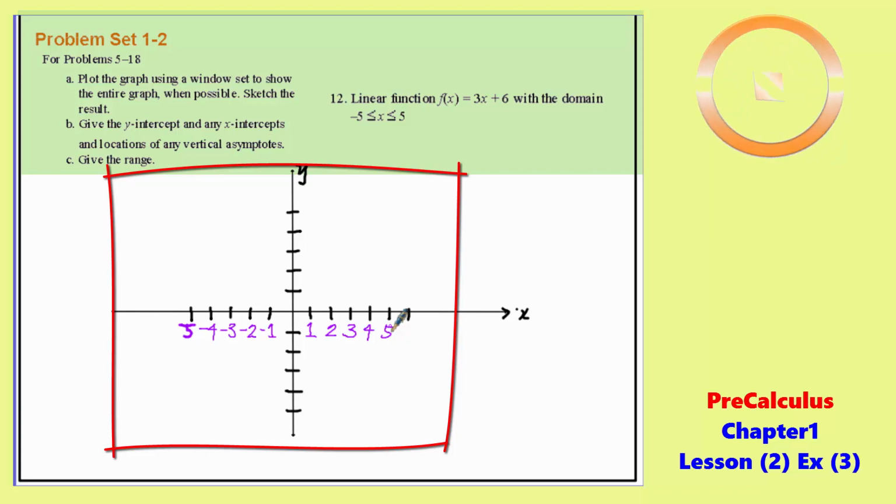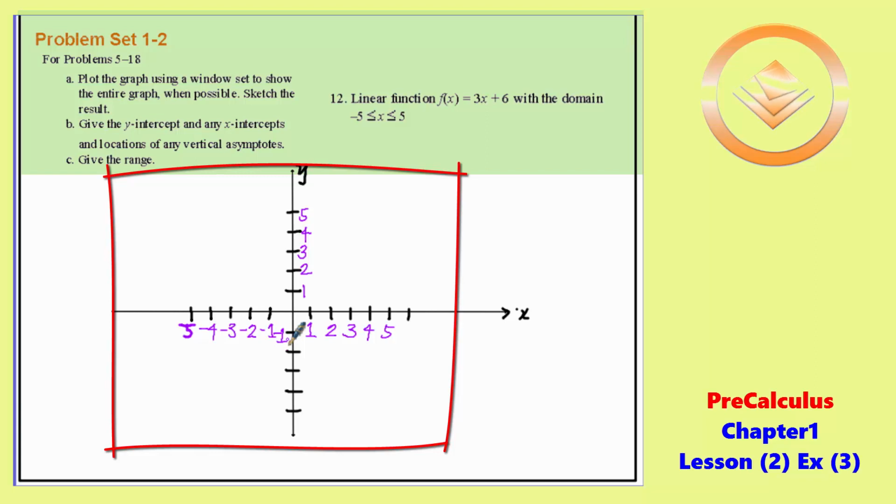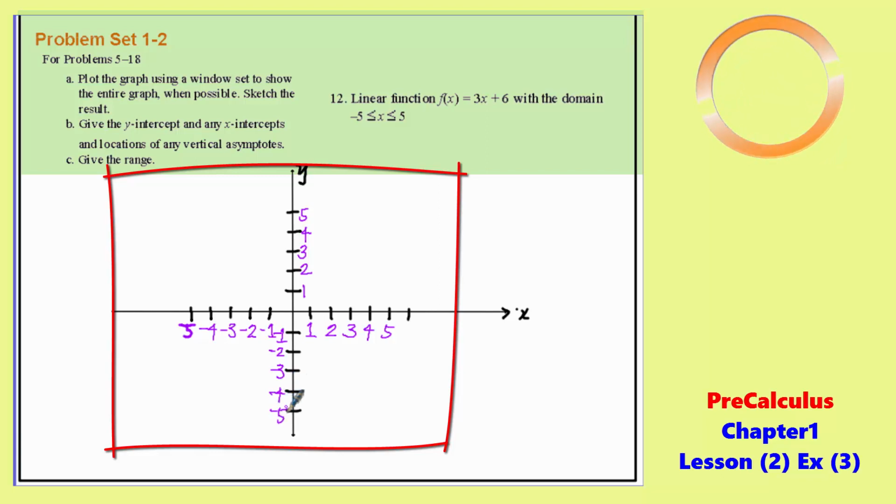Now I'm going to label the corresponding y-axis numbers: 1, 2, 3, 4, 5. Of course, you can choose any scales for y. In this case, I'm using symmetric values, so I have -5 to 5 for the x and -5 to 5 for the y values.